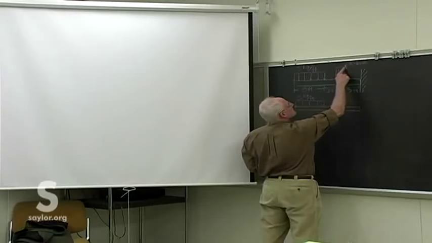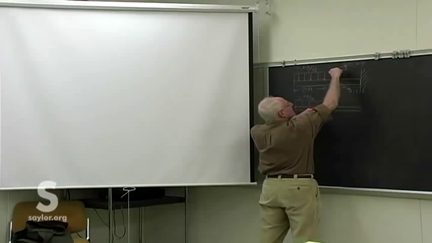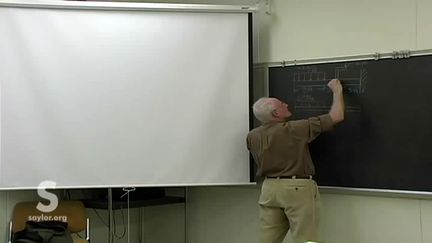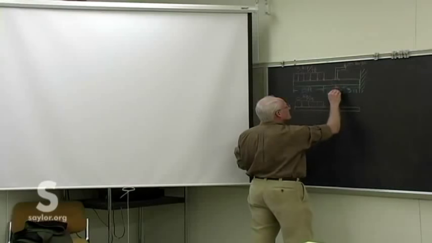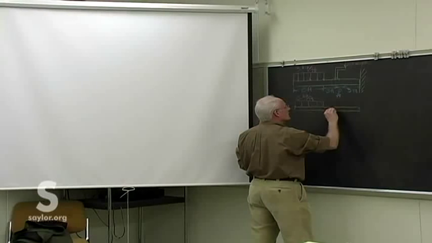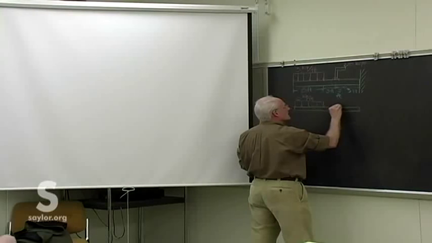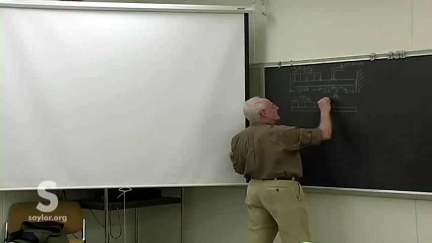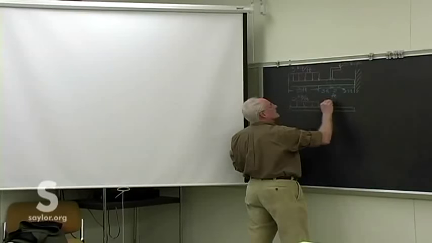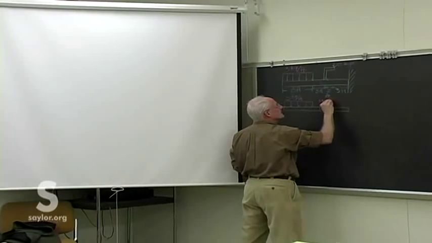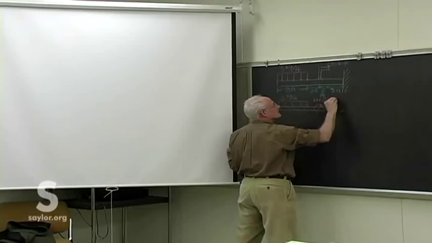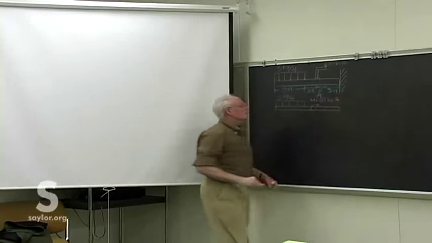Because of this moment arm here, that superstructure is going to cause some bending, some moment to be applied around that point. So we'll replace it with an applied moment of 10 kips times 2 feet, 20 kip feet.